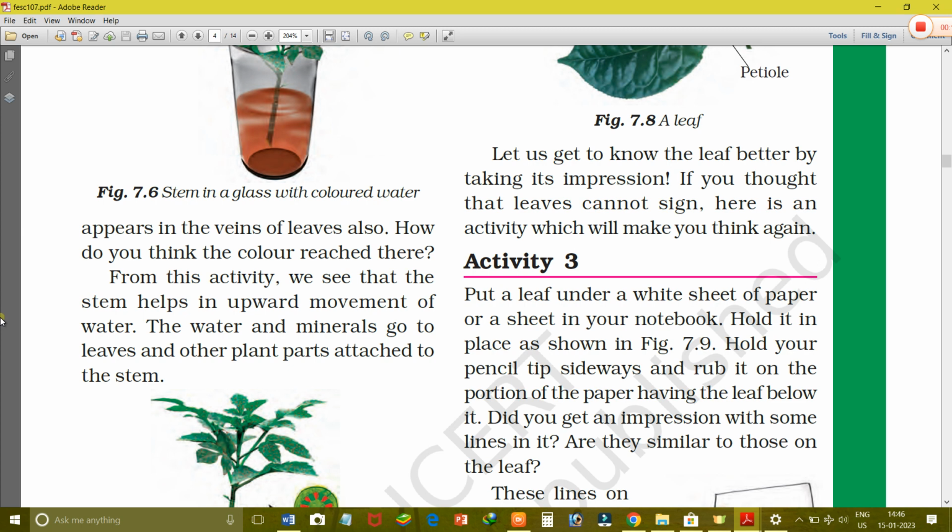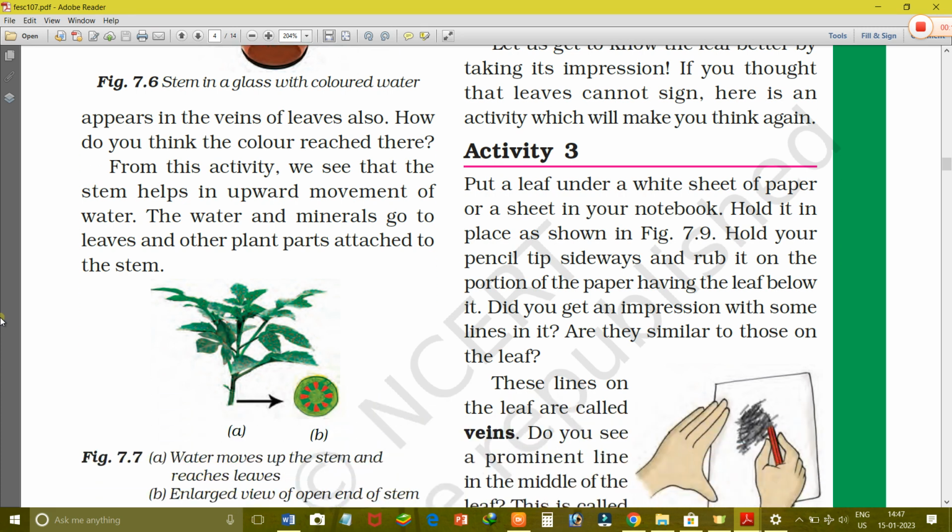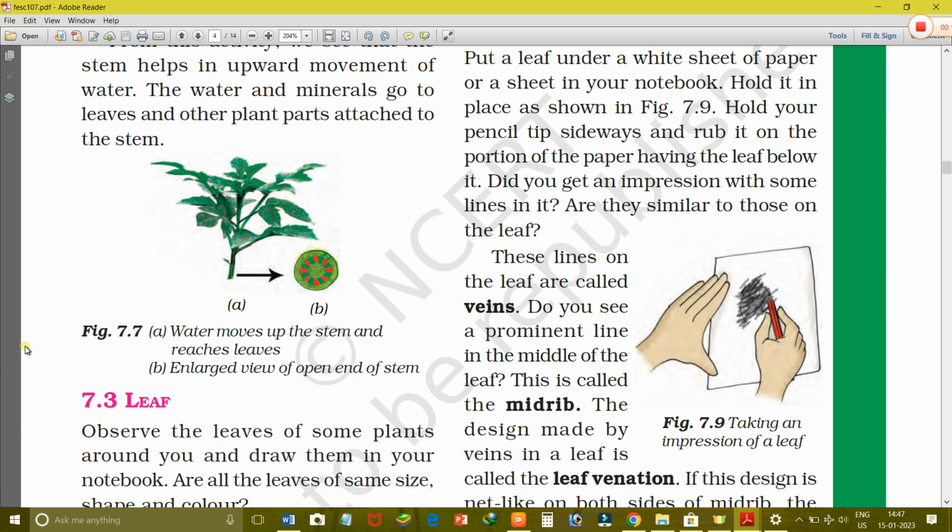If you thought that leaves cannot shine, here is an activity which will make you think again. Activity 3. Put a leaf under a white sheet of paper or a sheet in your notebook. Hold it in place as shown in figure 7.9.